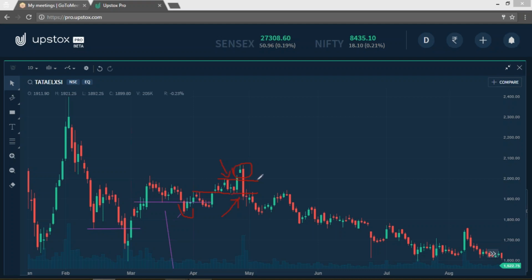Yeah, I got your point. So see, you would take this red one as a swing low because that's the lowest price. So that's why you take the red one. Otherwise, in between the three of these, whichever candle is lowest, that will be the swing low.